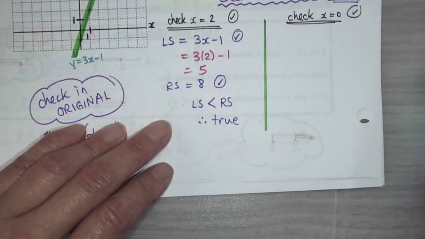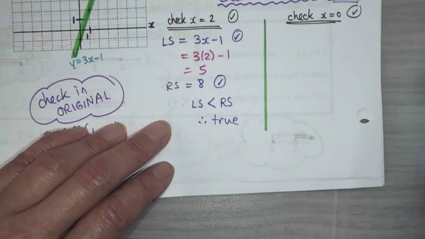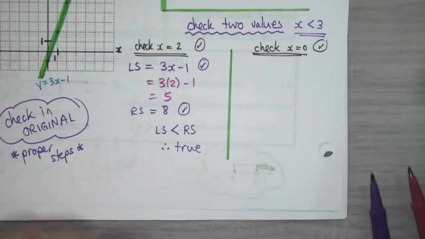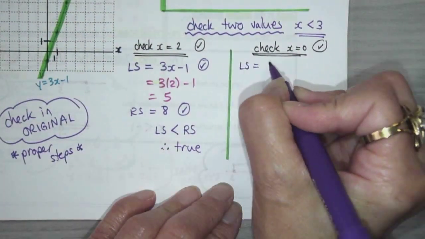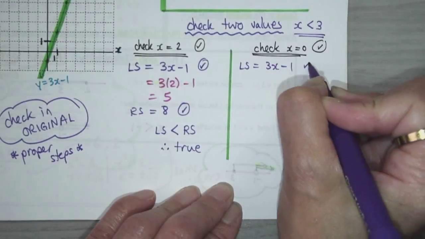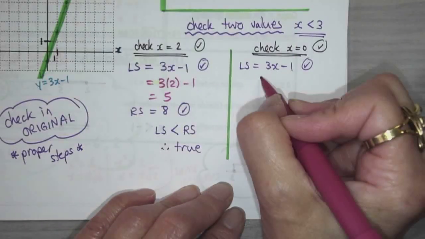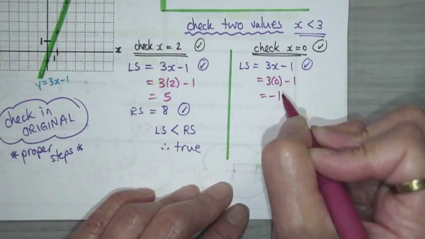So what we did in grade 9 is we would say left side equals right side, therefore true, or therefore it's my solution, but here we say left side less than. As long as that's right, check it again, and we're going to take my left side again. I know it's a pain to write, but still write the proper step. Usually we wouldn't ask you 2 of these anyway, so we're going to go 3 times 0 minus 1, so negative 1.